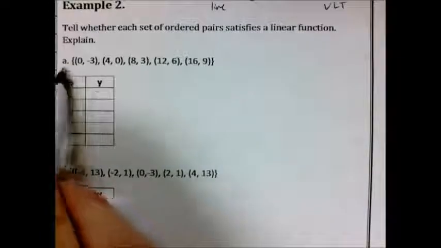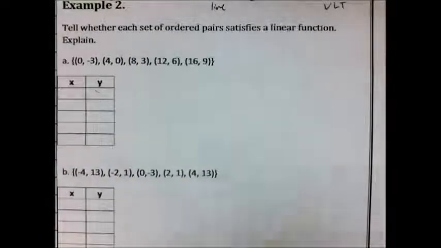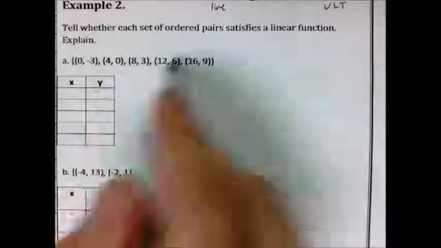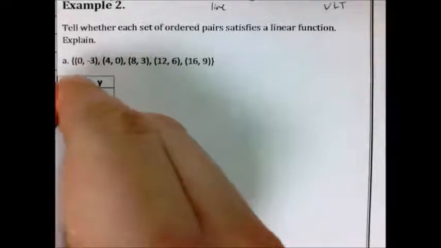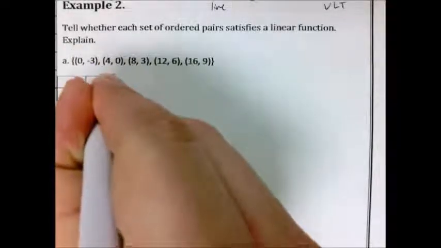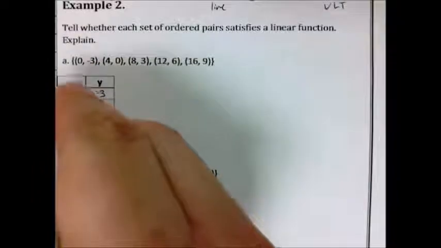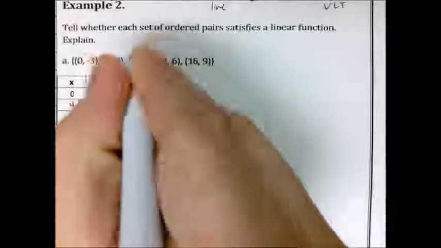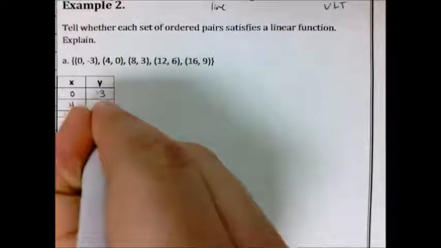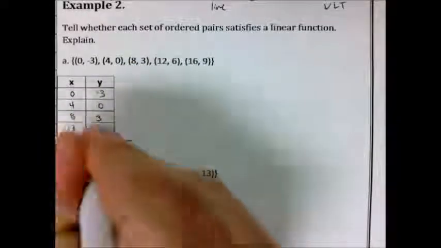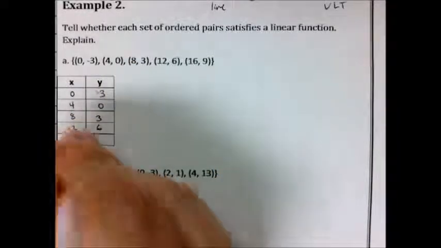So if we're given these coordinates here, let's put that into a table. So if x is 0, then y is -3. X is 4, y is 0. 8, 3, 12, 6, and 16, 9.